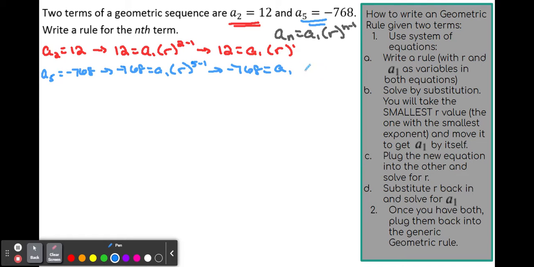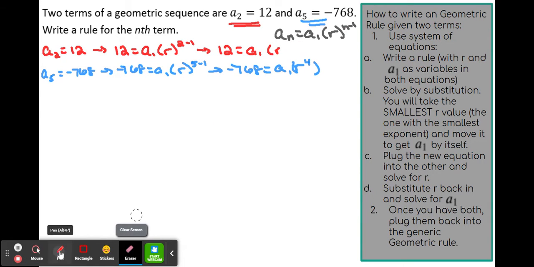Okay, so in arithmetic, we were solving using elimination. In geometric, we are going to solve using substitution. Okay, let's make these look the same. And what you're going to do is you're going to solve for A sub 1 in the smaller equation.